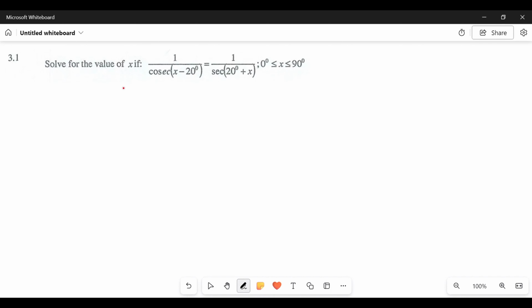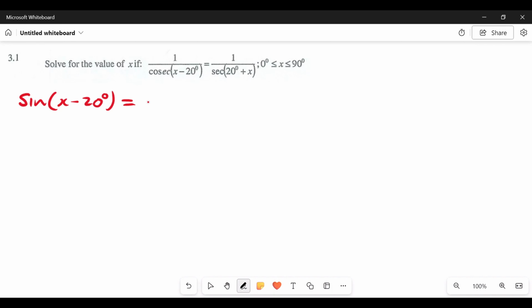Now, let's start solving this problem. Let's look at our left-hand side. We have 1 over cosec, open bracket, x minus 20 degrees, close bracket. If you look at this trigonometric function, this is actually the inverse of sine. So we can rewrite the left-hand side as sine of x minus 20 degrees, because this is the inverse.